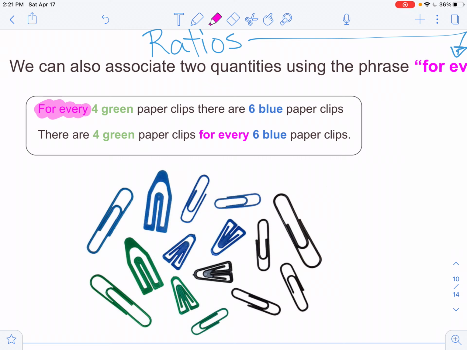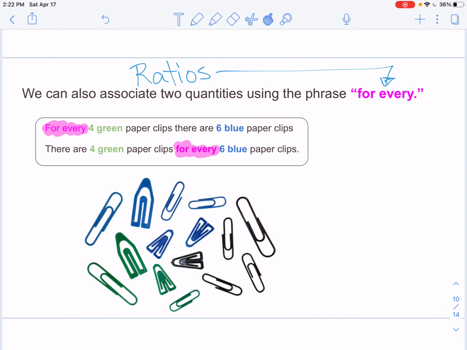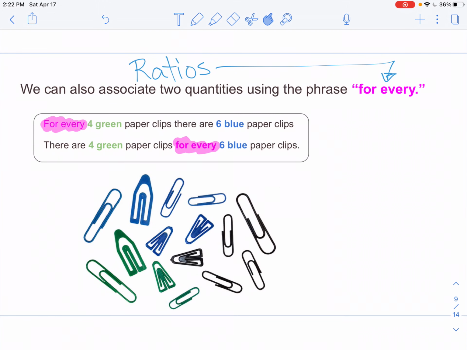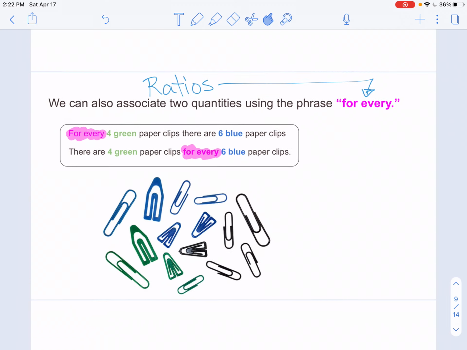Or I can say the same thing by just moving the for every further into the sentence. So looking at the second one, it says there are 4 green paper clips for every 6 blue paper clips. I am comparing the amount of green paper clips and the amount of blue paper clips. That's what ratios do. We can associate, we can compare them.